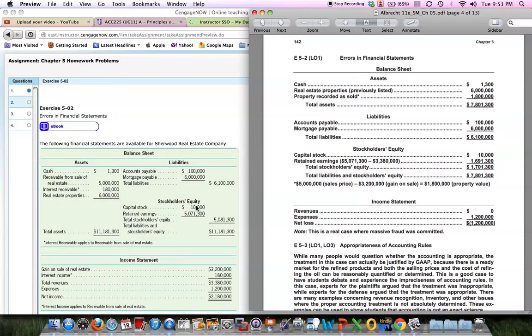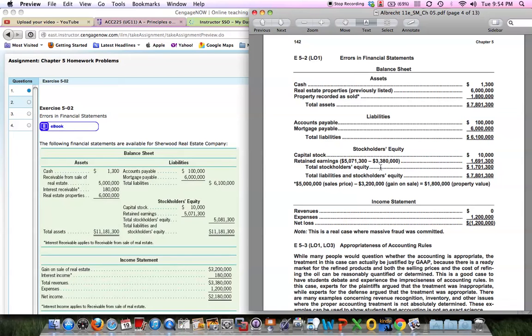The capital stock of $10,000 is the same, but what's different now is retained earnings. It's significantly different. It was $5,071,300. Now it's that $5,071,300 minus the gain on the sale, the fictitious gain on the sale, which is the $3.2 million, and the $180,000 of interest.